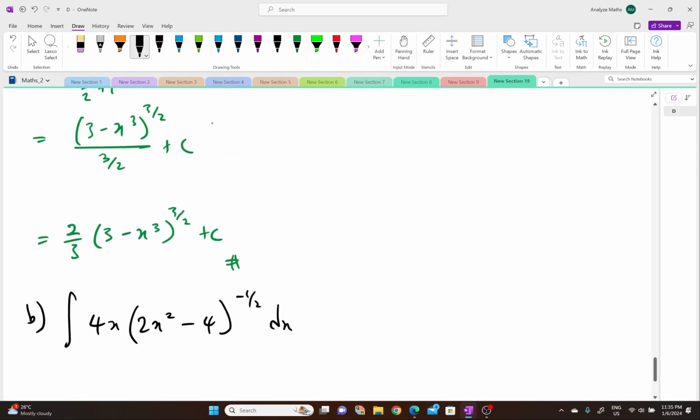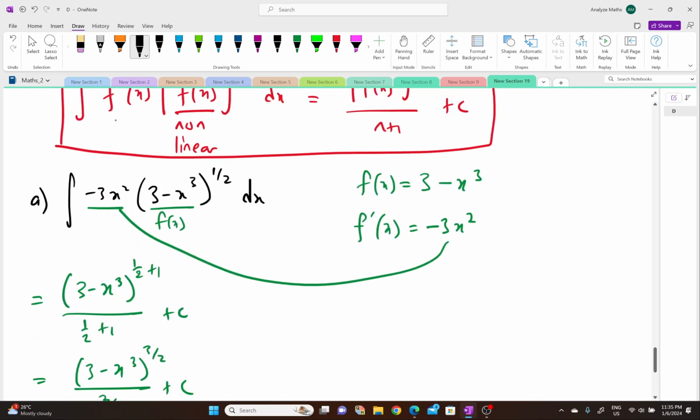For B, you can see here this is non-linear, the one inside the bracket here. This one is x to the power of 3.